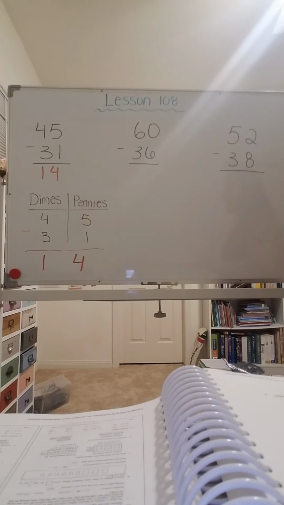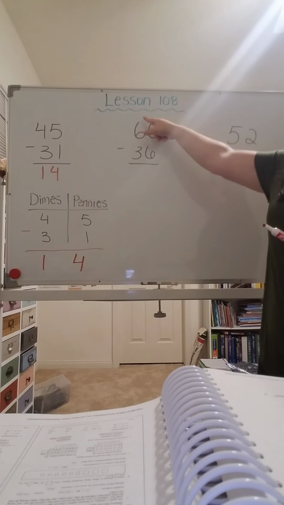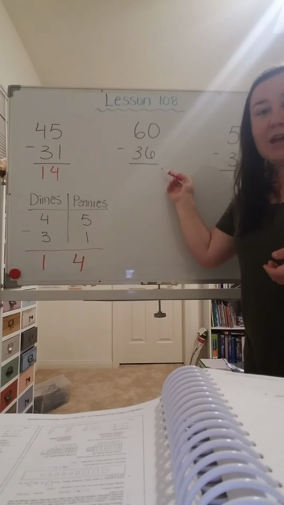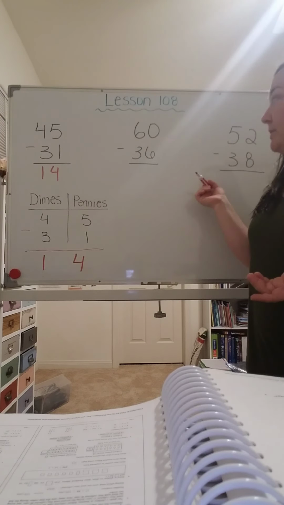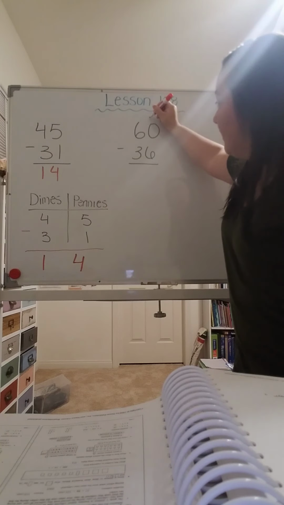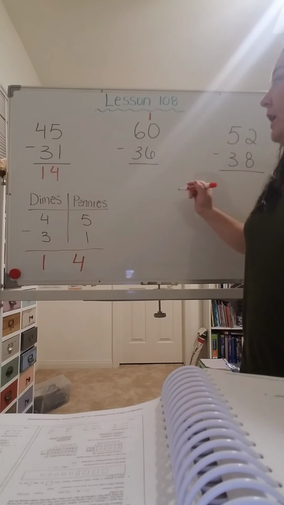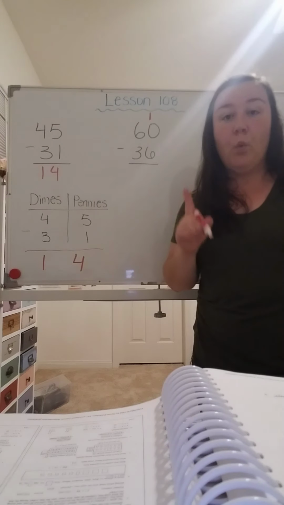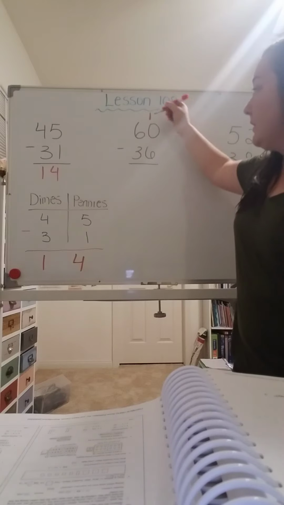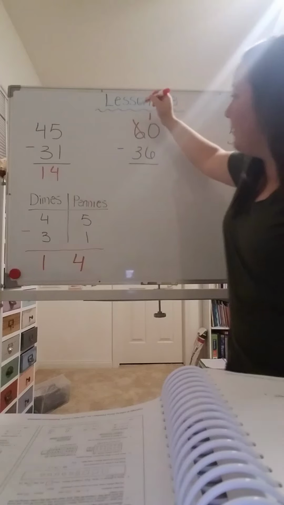Now let's do 60 minus 36. This side is pennies and this side is dimes. Do we have enough pennies to subtract 6 from? No, we don't. So we put 1 at the top of the 0, which means we're borrowing 1 dime from the dimes here. We cross this out and make it a 5.